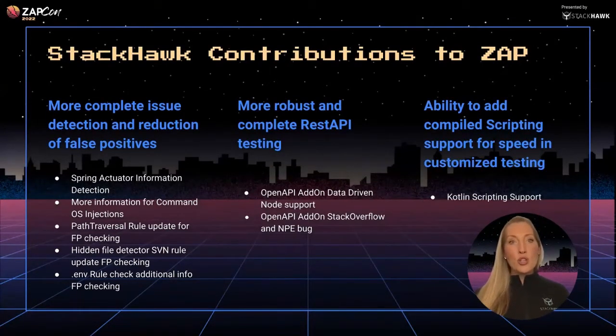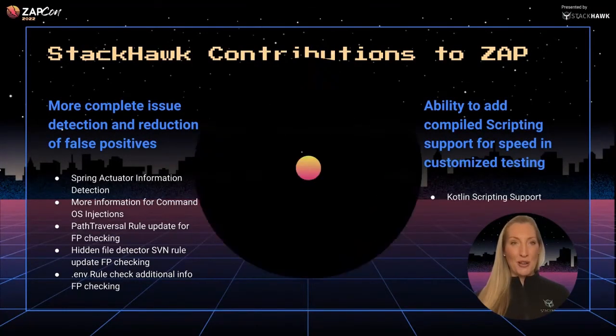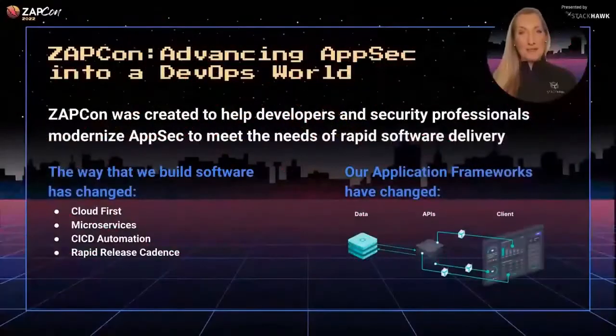We have also contributed back more robust and complete REST API testing and the ability to add compiled scripting support to enable speed and customized testing through Kotlin scripting support. We are excited to continue giving back key contributions to help Zap maintain its position as a leader in the open source security market. So that brings us to ZAPCon.